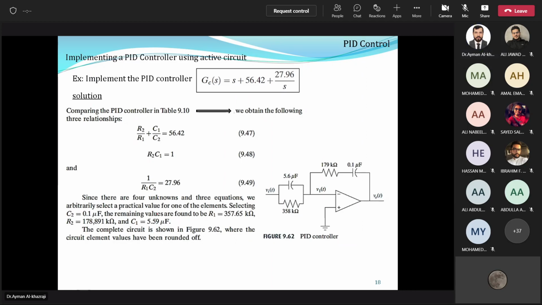I will tell you to assume C1 equal, so the correction will be unified for everyone. If I give you this, normally all of you should find these values. Okay, realize. Let me write it here: realize PID.